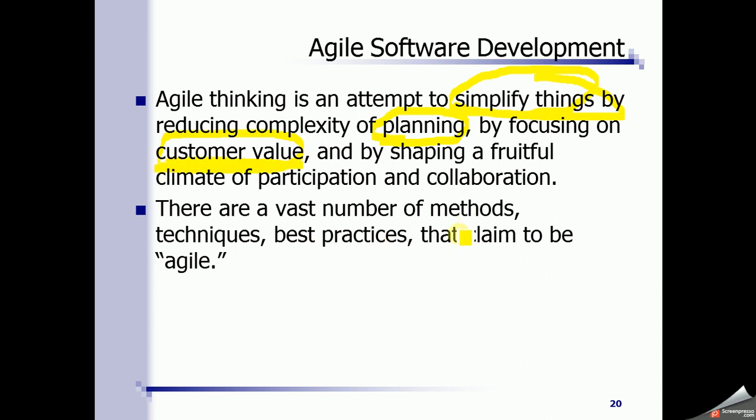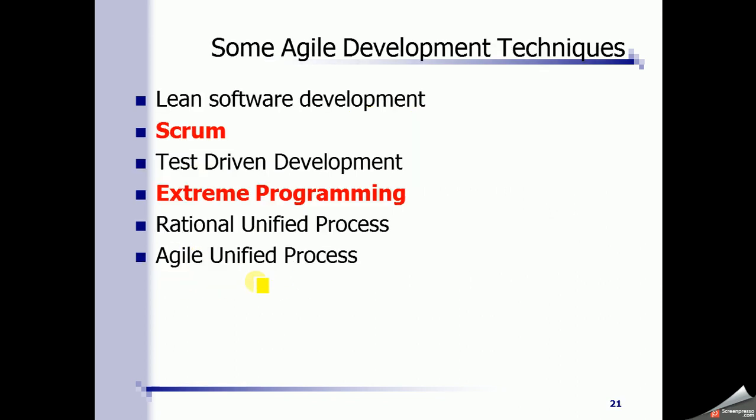There are many approaches which are called agile, like lean software development approach, Scrum, test-driven development, extreme programming, rational unified process, agile unified process, and in fact there are many other approaches as well. But today, because of a lack of time, we'll discuss only two approaches briefly.